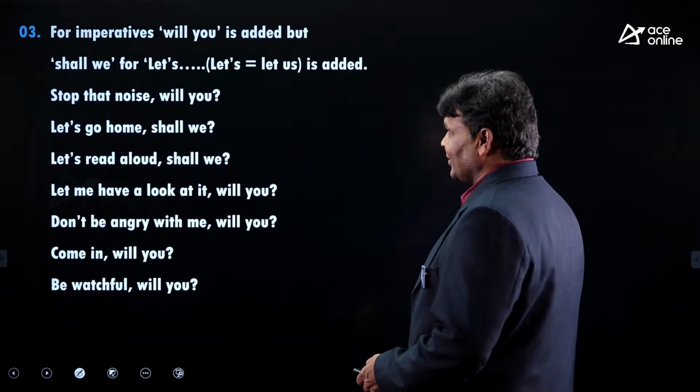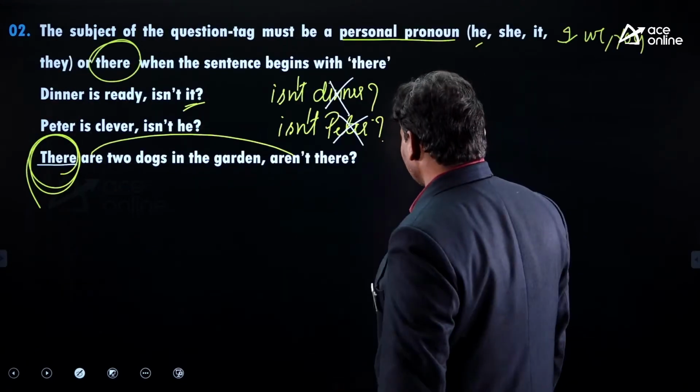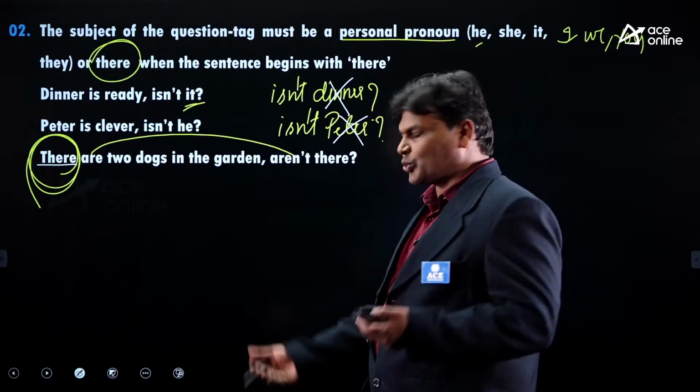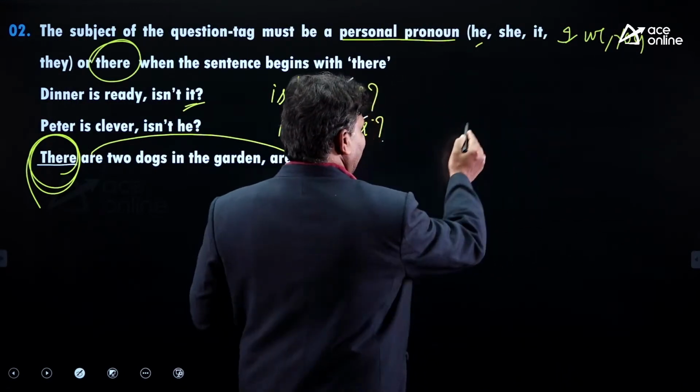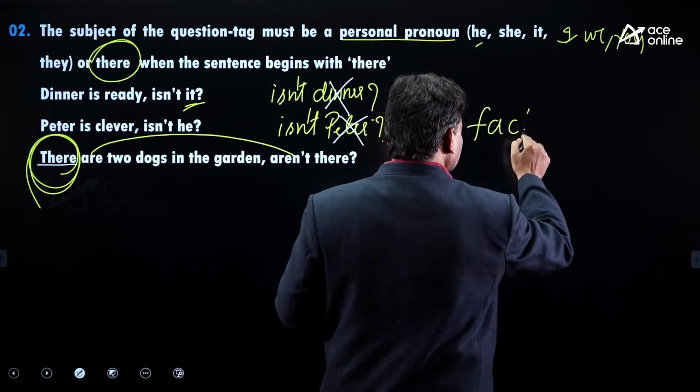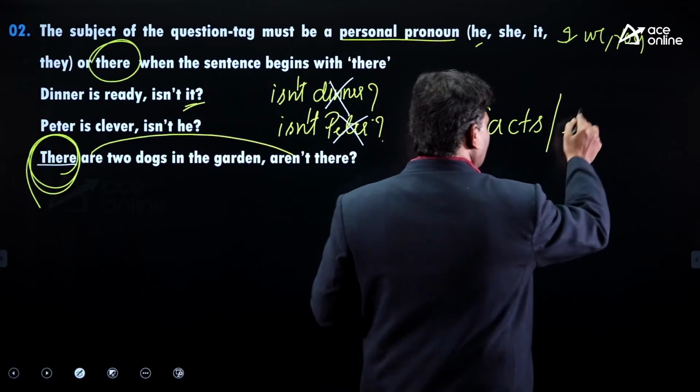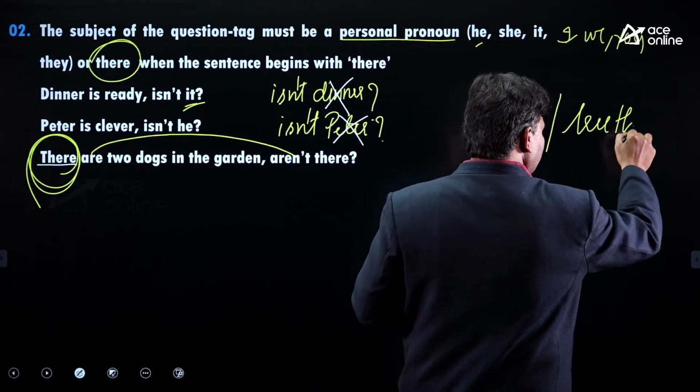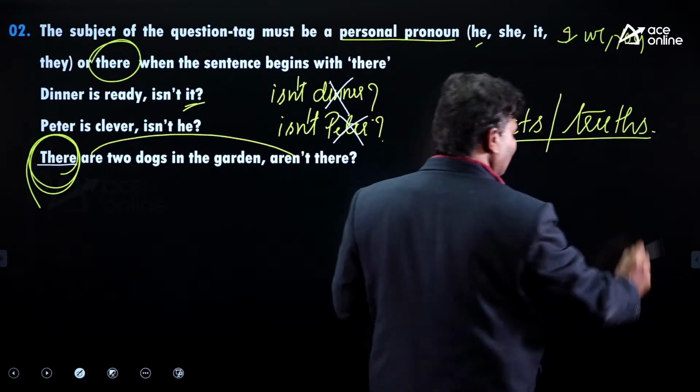In addition to these, students, there are some more. Before going to that, sometimes there are some facts or some truths. In such situations, what are you going to do?